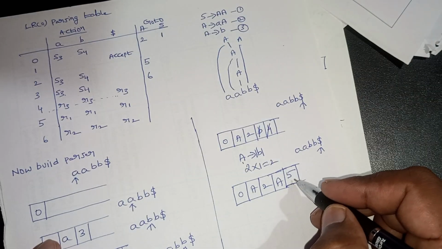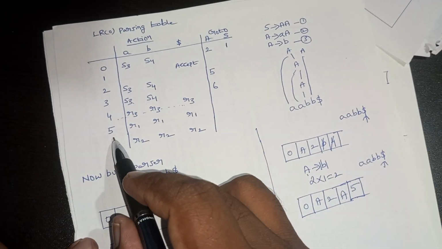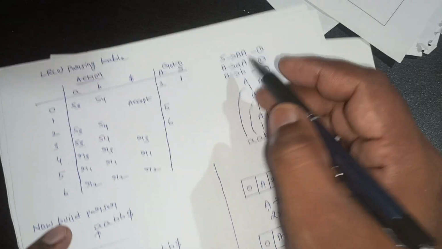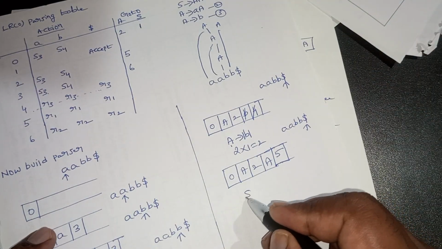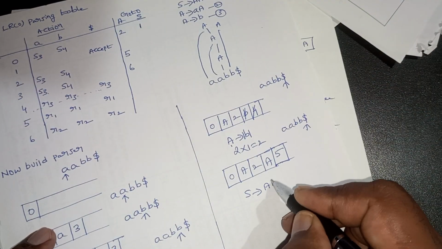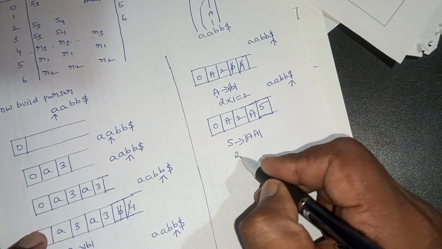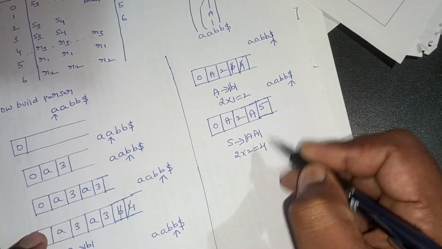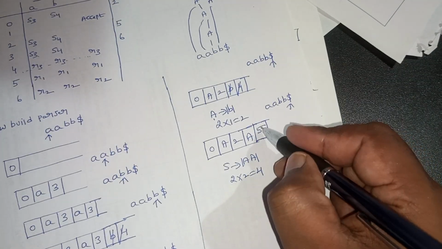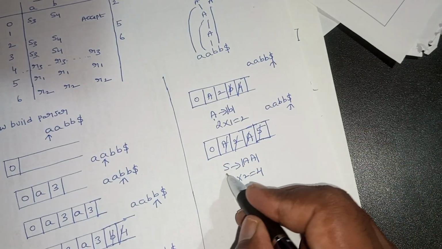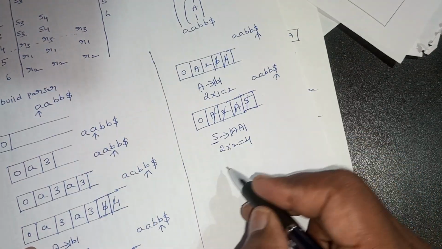Now what is the top of the stack? 5. What is 5 on dollar? It is R1. What is R1? S tends to AA. Length you take 2, 2 into 2, 4 symbols I have to pop from the stack: 1, 2, 3, 4. What I have to push? Push S into the stack.